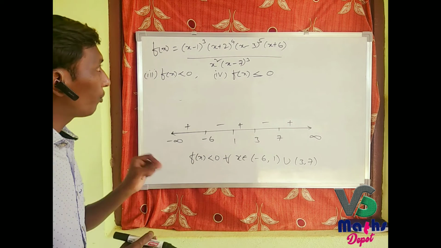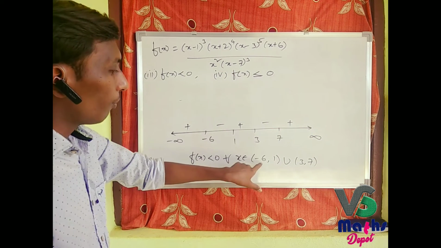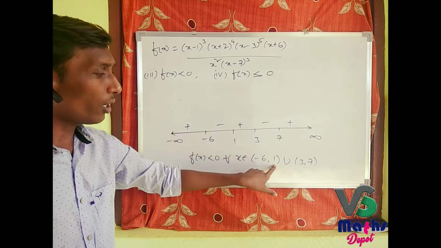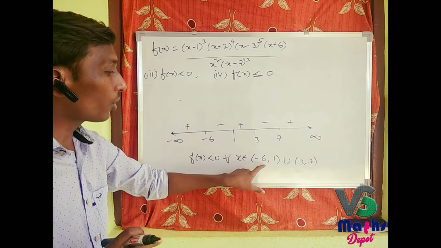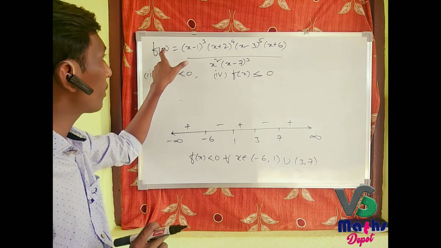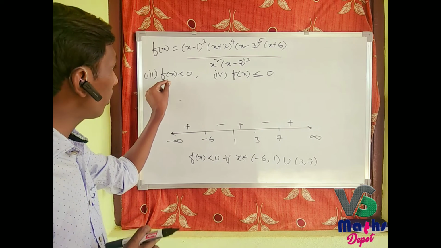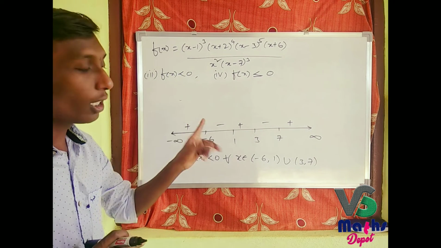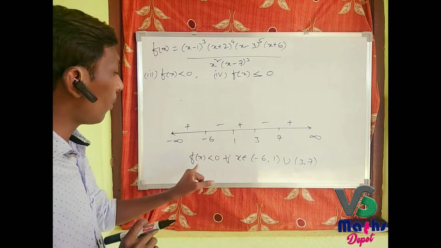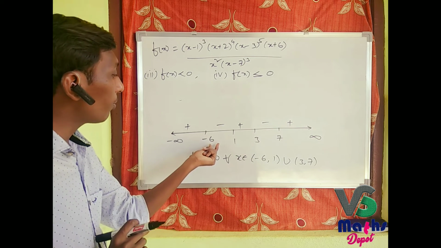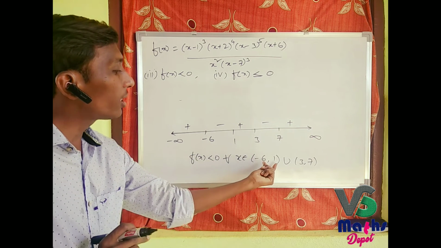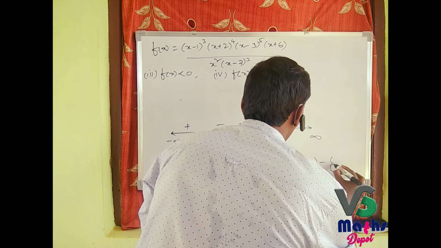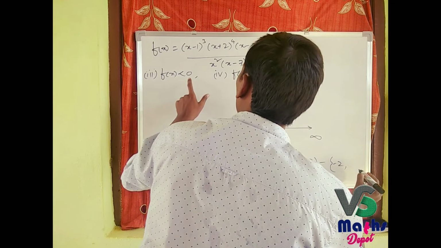And also, in minus 6 to 1, minus 2 also will be there. If you substitute minus 2 in this expression, it becomes 0. But here they are asking f of x less than 0 only, not equal to 0. Therefore, we have to eliminate minus 2 and 0 from this interval.